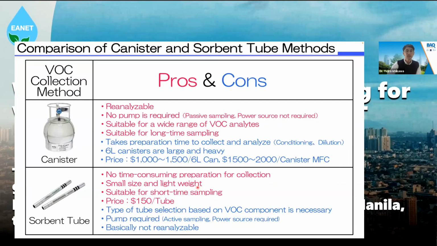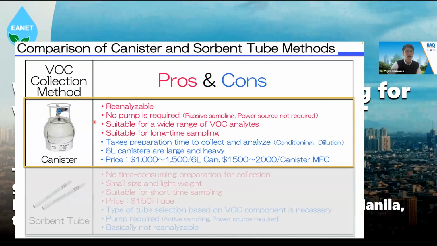One of the objectives of this observation is to monitor a large number of VOC components. So we decided to use canisters because they are suitable for a wide range of VOC analytes.